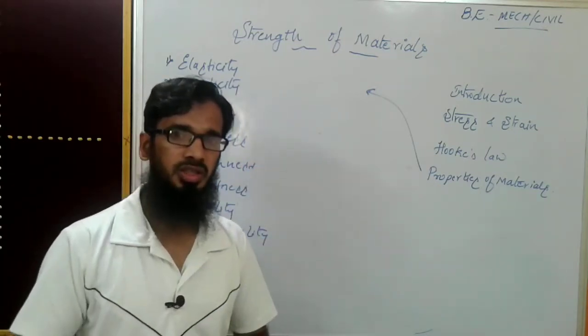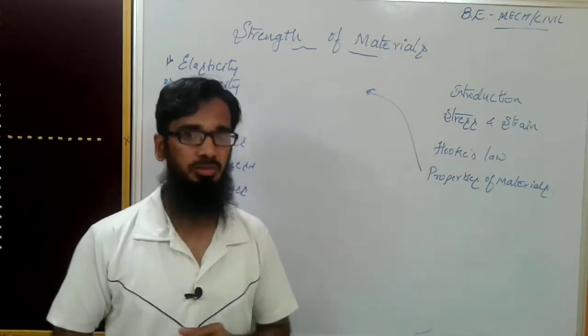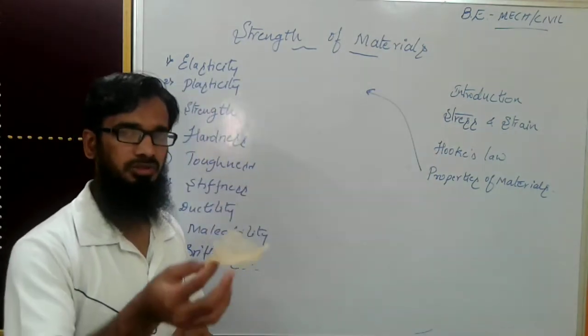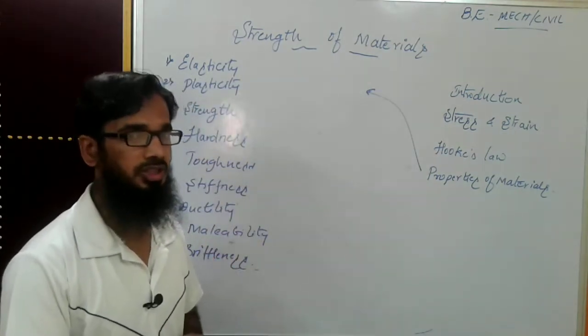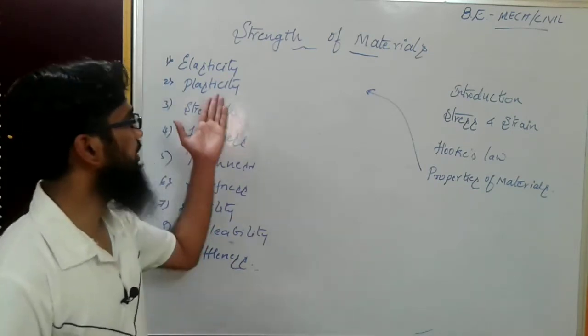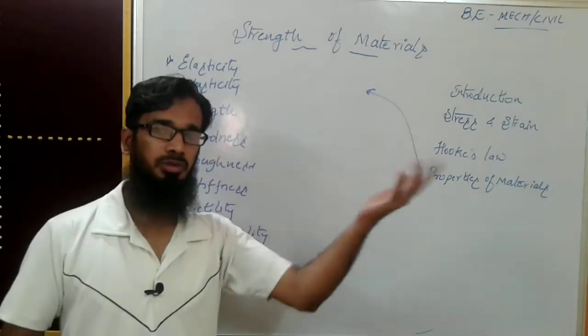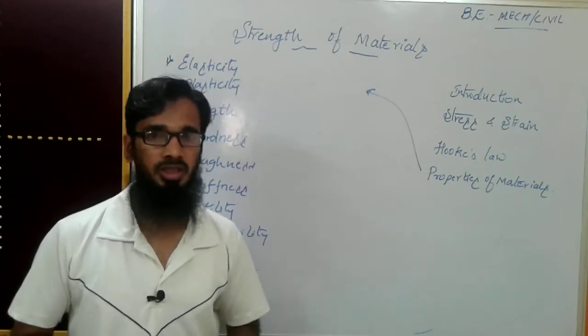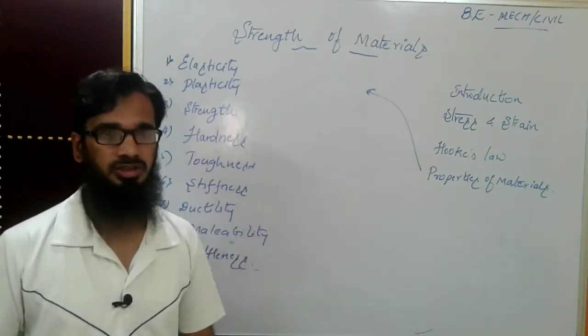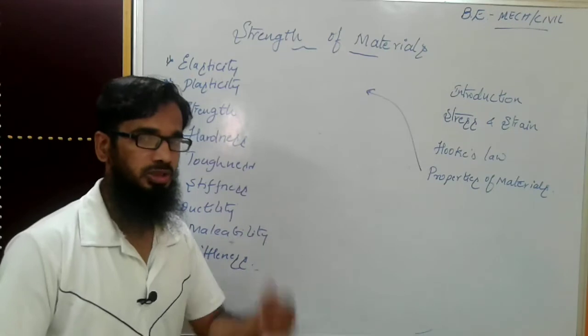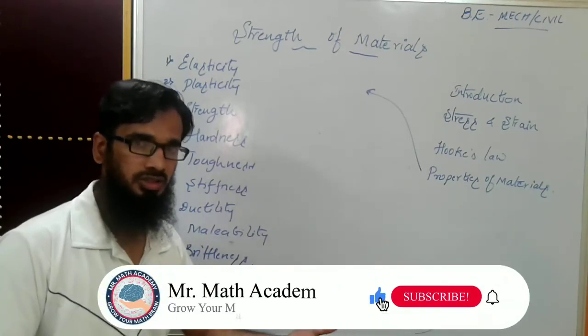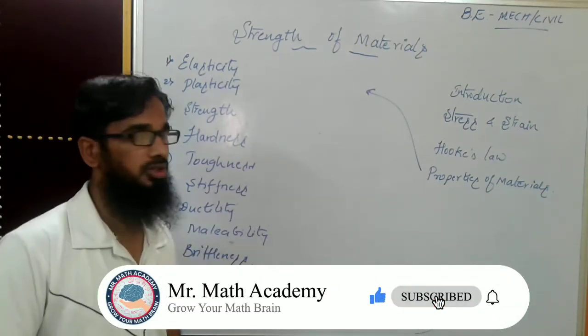This indicates it has reached the plastic range. So this is an example for plasticity. It is away from the elasticity region. When more load is applied and it goes beyond the elastic region, then the plastic region starts.